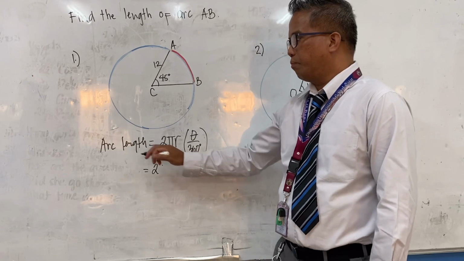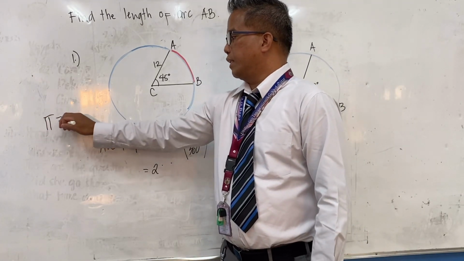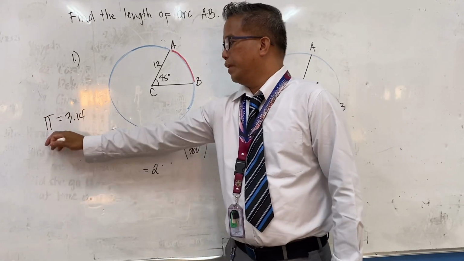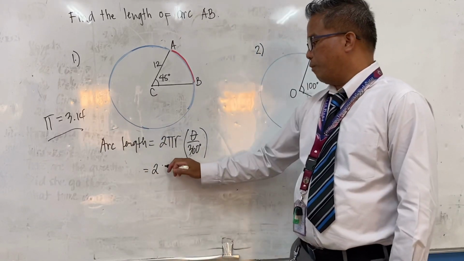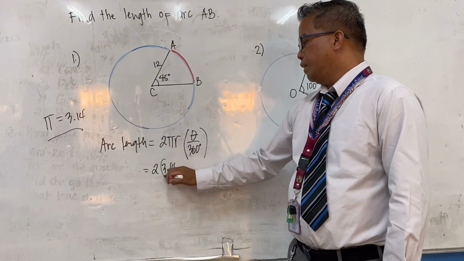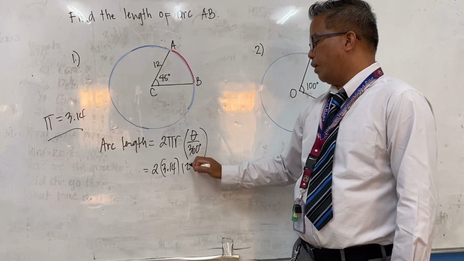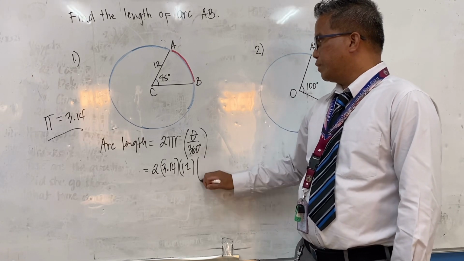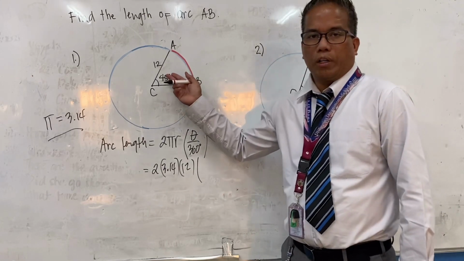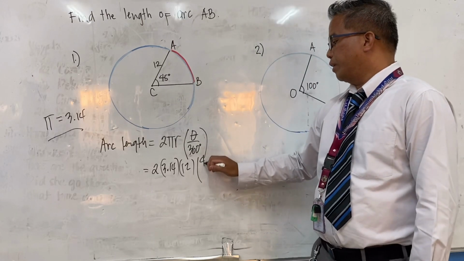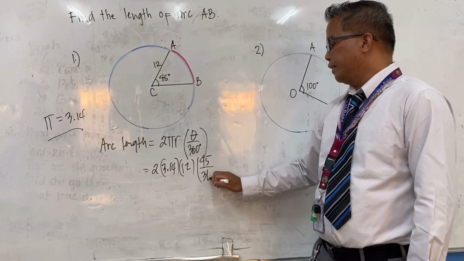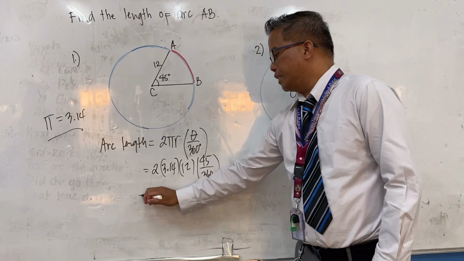We can use pi equals 3.14. So we have 3.14 times the radius, 12, times theta, 45 over 360.